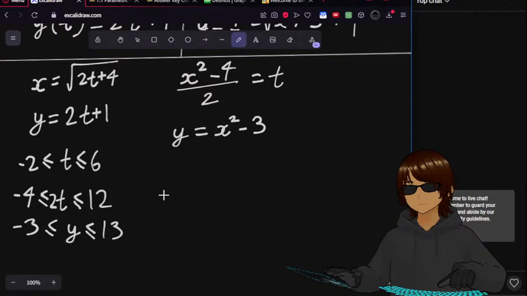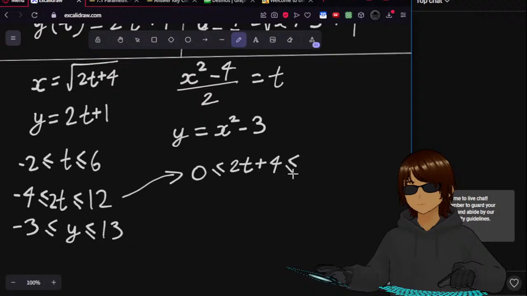So minus 3 to 13. And 16 and the root of it.